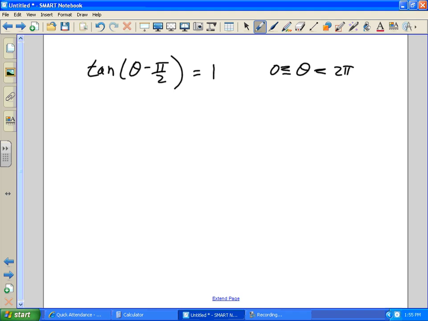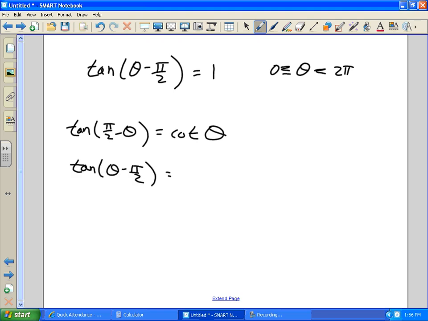I'm going to do it a little differently than the book. Okay. We did the complementary functions. Does that make sense? They call them co-function identities. And we know that the tangent of pi over 2 minus theta is equal to the cotangent of theta. But that's not what I have here. What I have is the tangent of theta minus pi over 2. What is that equal to?